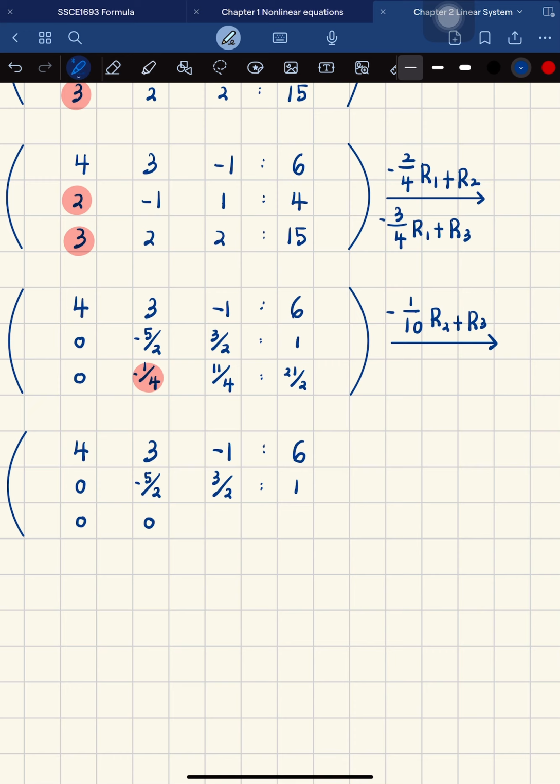Okay, 3 over 2 and 5, and then plus with 11 over 4, which is 2.6 or 13 over 5. The last one times 1 and then multiply with 21 over 2, 52 over 5.